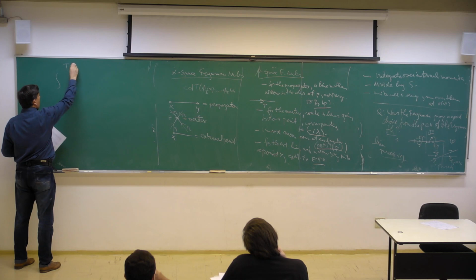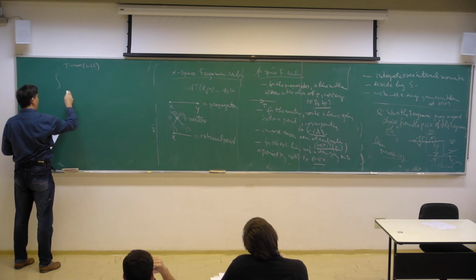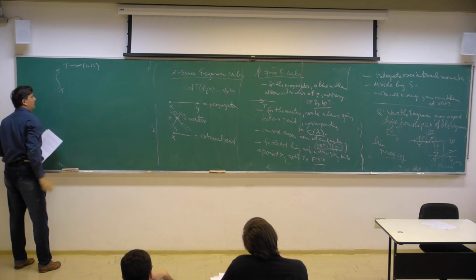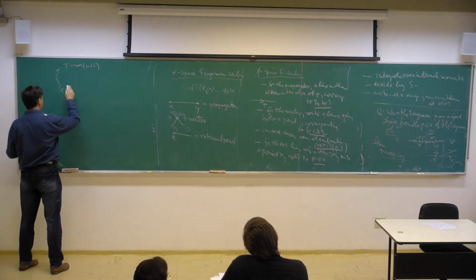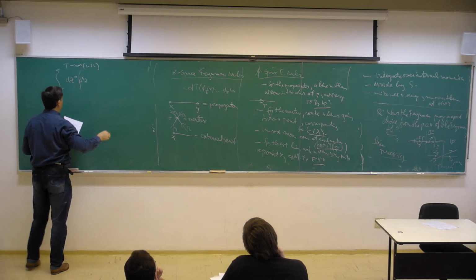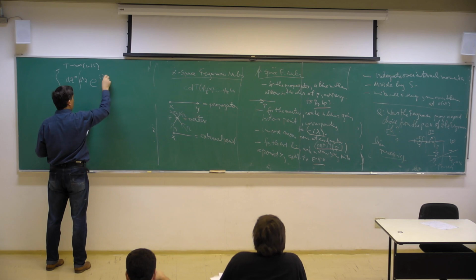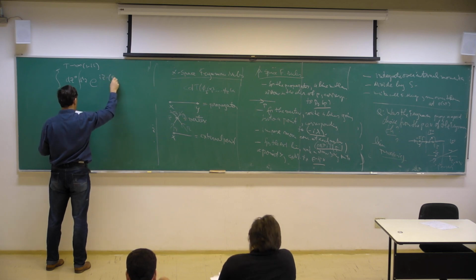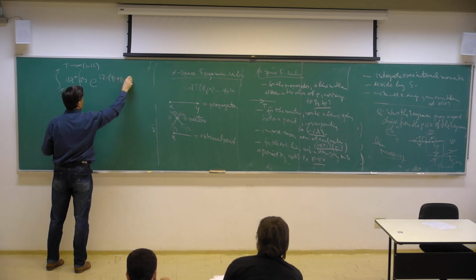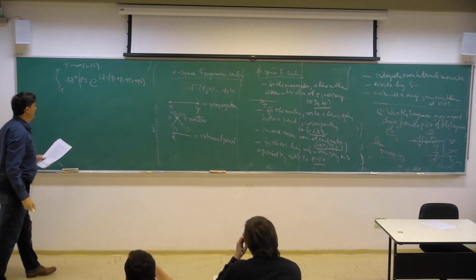So t goes to infinity times 1 minus I epsilon, but then in such an integral over t, let's say dz0, I would have something like this.